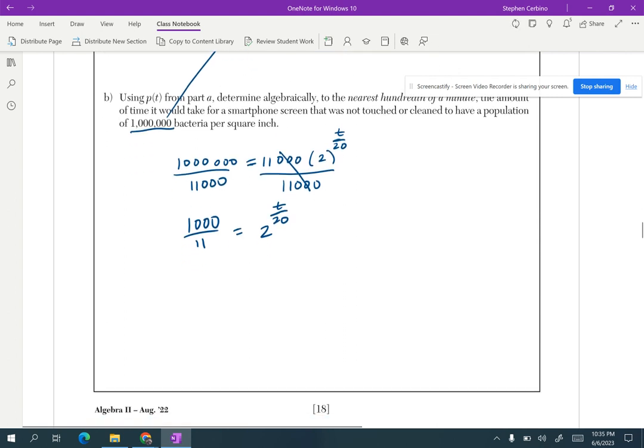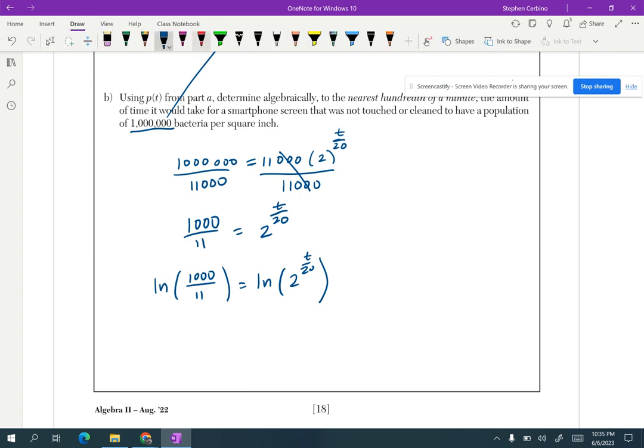Now to continue here, we're going to natural log both sides. So we'll say the natural log of 1,000 divided by 11 is equal to the natural log of 2 to the t over 20. And using our properties of exponents, we can take this exponent of t over 20 and put it in the front.